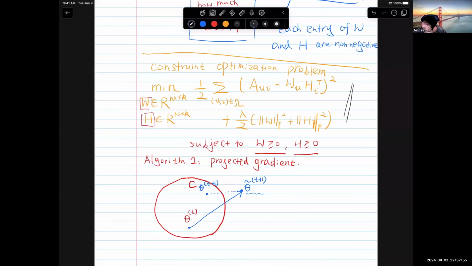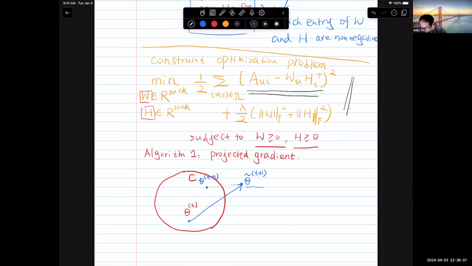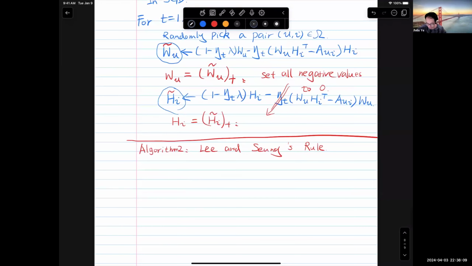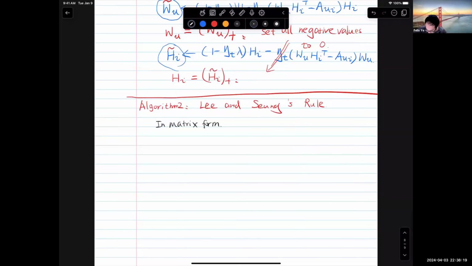We have the entry-wise form, but actually what we are trying to do is compare the Frobenius norm, right? So here is the equivalent form in the matrix form. In the matrix form, it is the following.